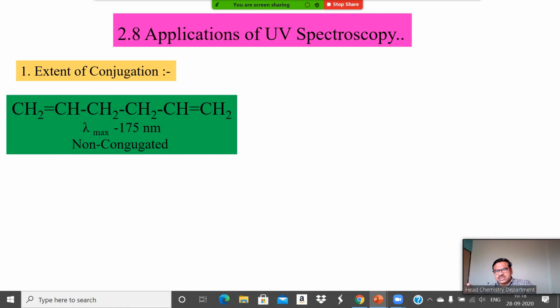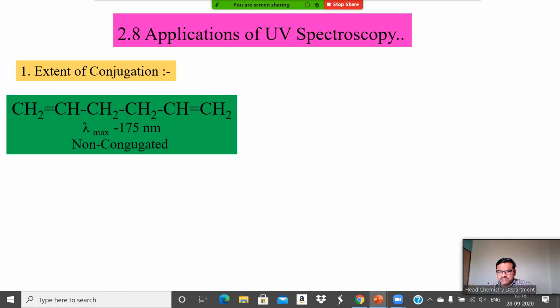See this example: CH2=CH-CH2-CH2-CH=CH2. In this compound, look at this, 6 carbons are there and 2 double bonds are there. These 2 double bonds are away from each other.